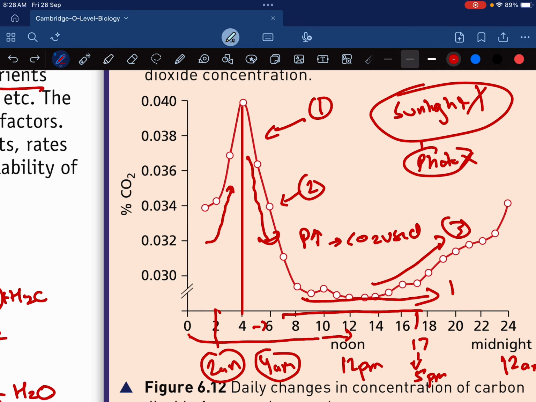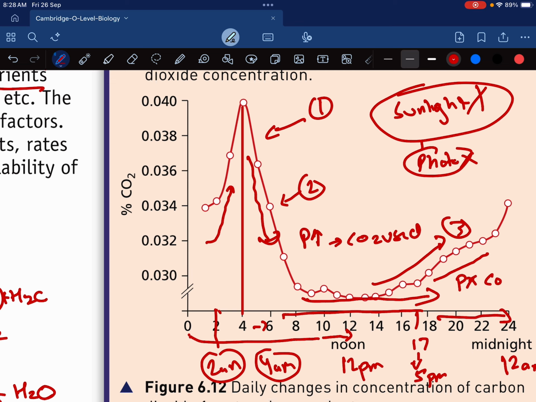Okay. And as you can see, number 3, why is it rising again? Now we are approaching night again. The sun sets after evening. Since sunsets, there is no sunlight. No sunlight, no photosynthesis, no use up of carbon dioxide.